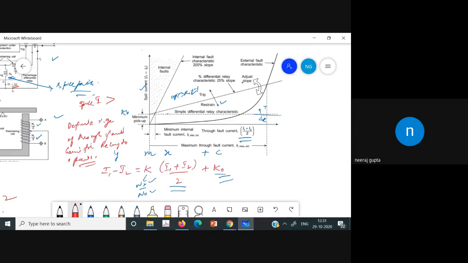The spill current must be greater than a definite percentage of the through fault current for the relay to operate, and that's why it has the name percentage differential relay.